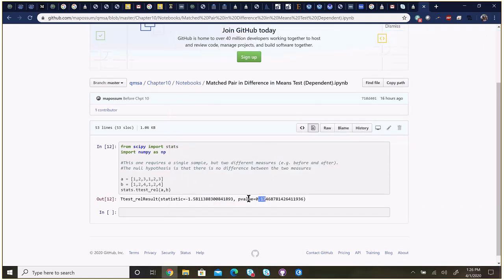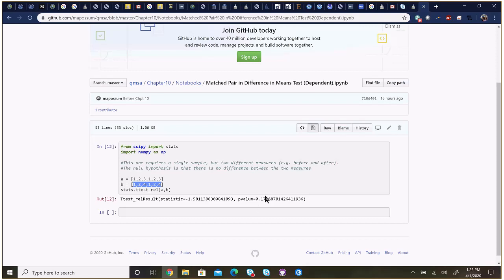Basically, if the p-value is higher than the alpha value, the cutoff value, then we would accept it. In other words, there is not a significant difference between these two values. 0.17 is definitely higher than 0.05.